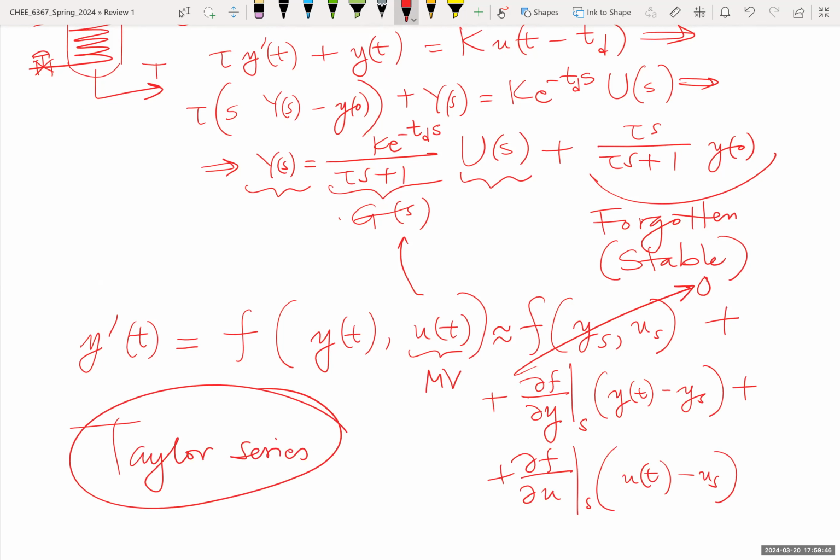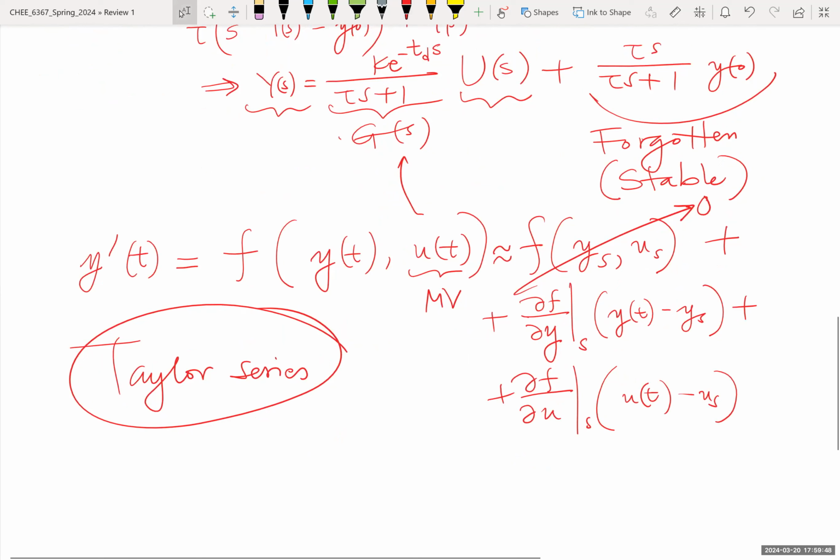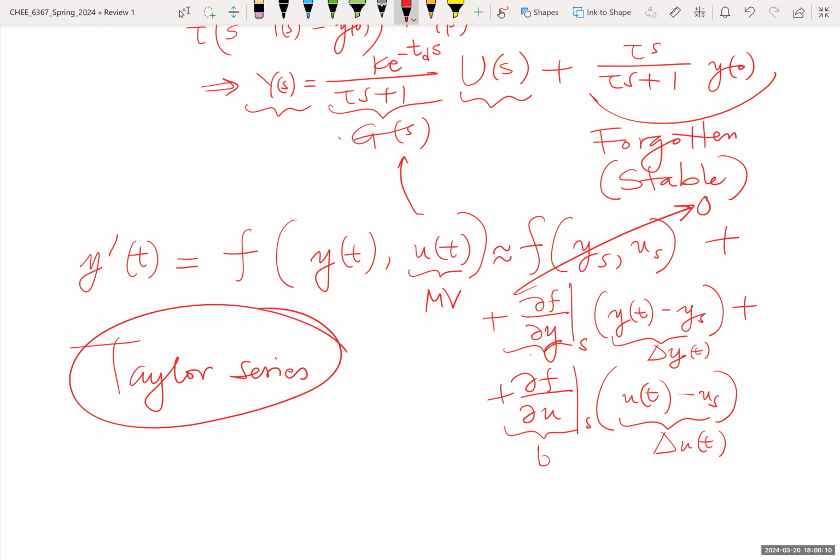And you can show rigorously that if the linearized system, which is now, let's write it a little more cleanly, this is delta y of t, this is delta u of t, you can call this a, you can call this b, this says delta y prime of t is a delta y of t plus b delta u of t.